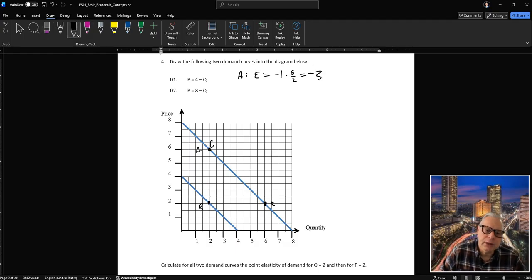Okay, so at this point the elasticity is negative 3.